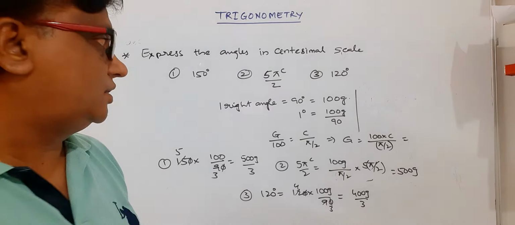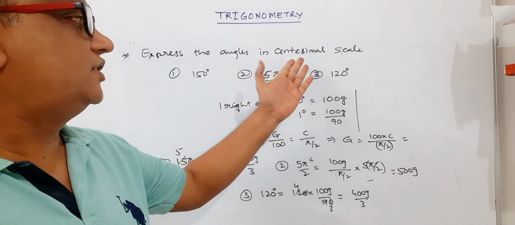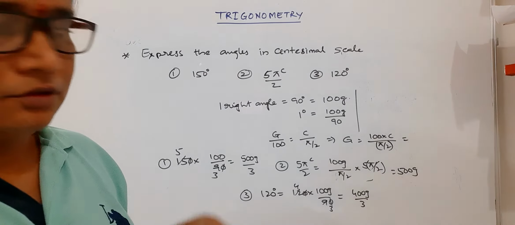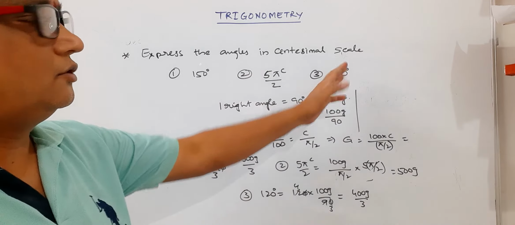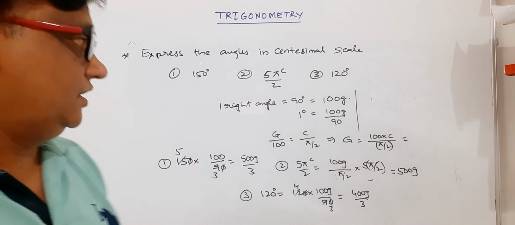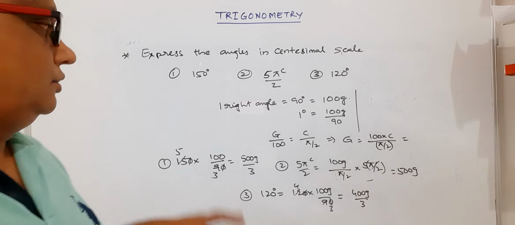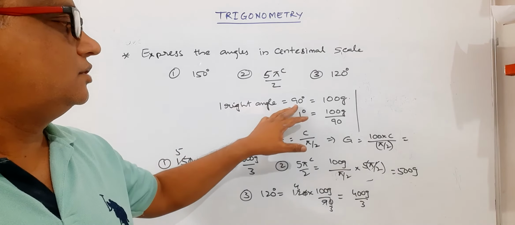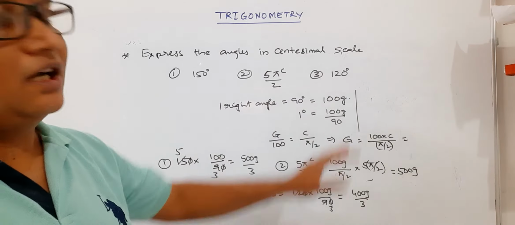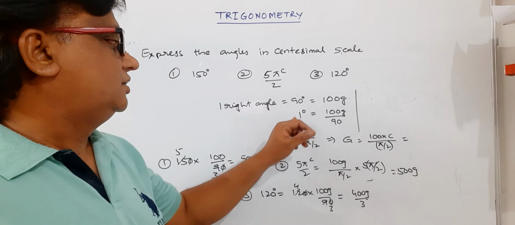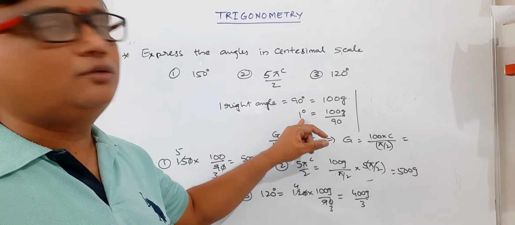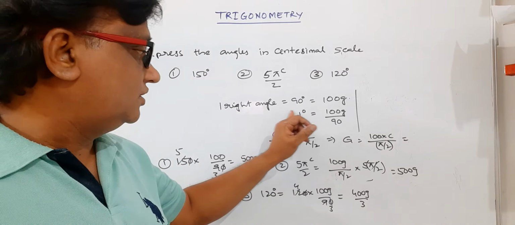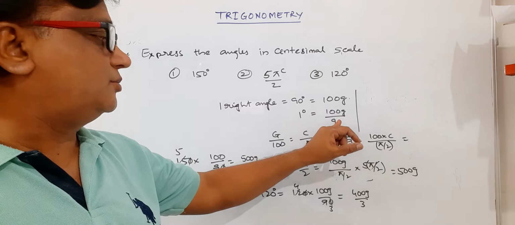In this question pattern, we are going to convert to centesimal scales. Suppose 150 degrees, 5 pi by 2, and 120 degrees. I mixed all the questions here, 3 questions. One right angle equals 90 degrees, that is 100 grades. So 1 degree is 100 grades by 90.